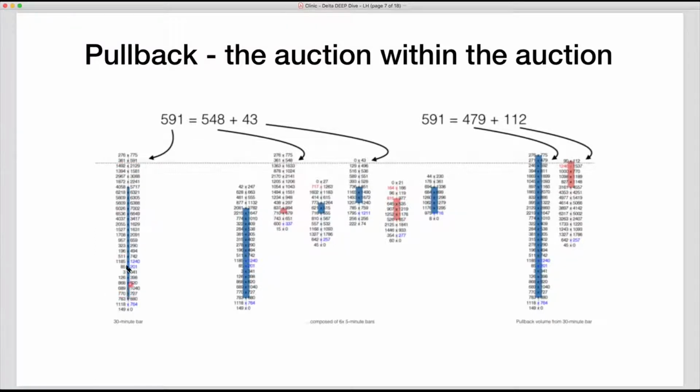This has occurred by us going up here, trading, coming down, coming back up. Now, in this second 5-minute period, our volume was 361 by 548. The difference between the 548 and the 591 is these 43 contracts that lifted the offer 20 minutes in.